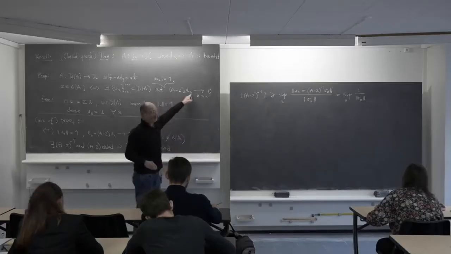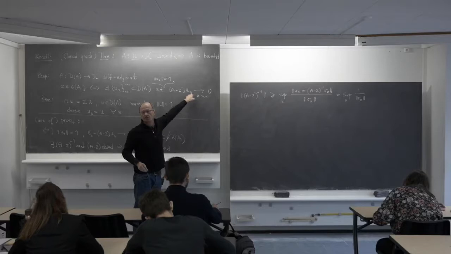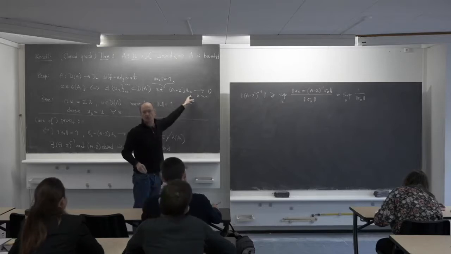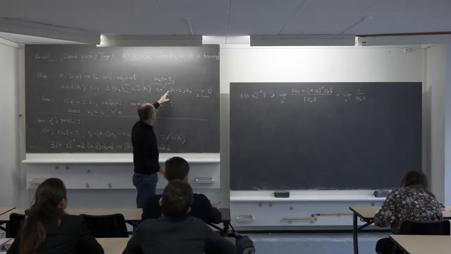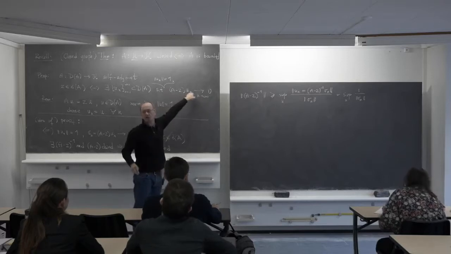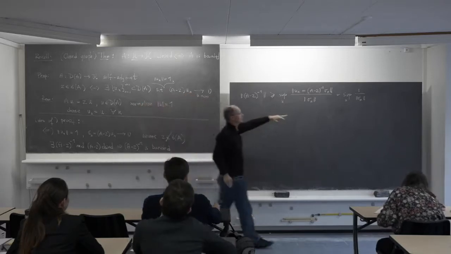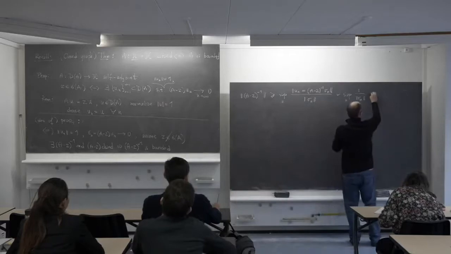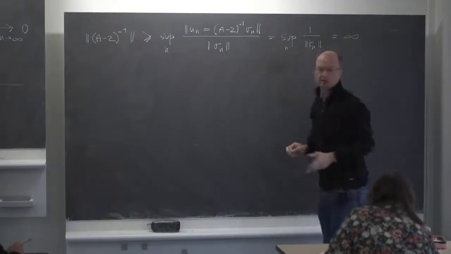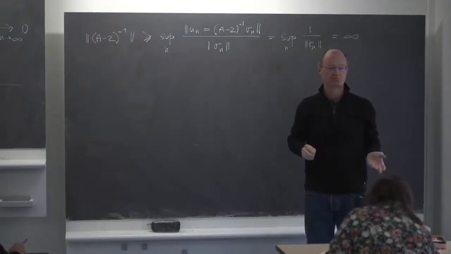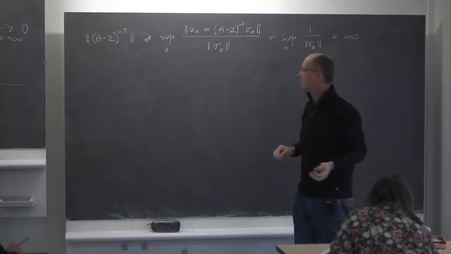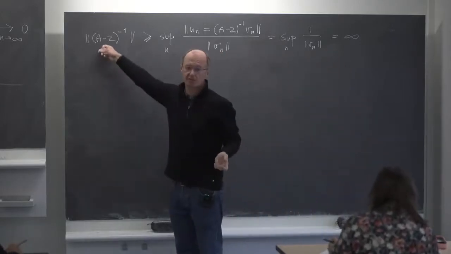But the norm of v_n tends to 0, according to our assumption, since v_n is (A minus Z) u_n, which converges to 0. So this supremum is simply infinite. So this inverse is clearly unbounded.